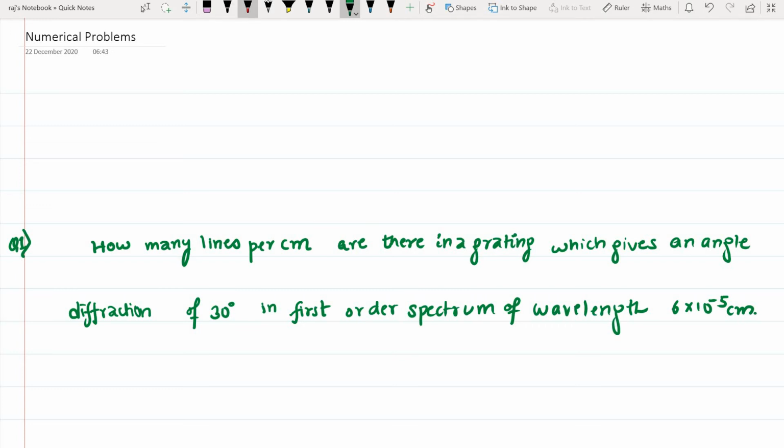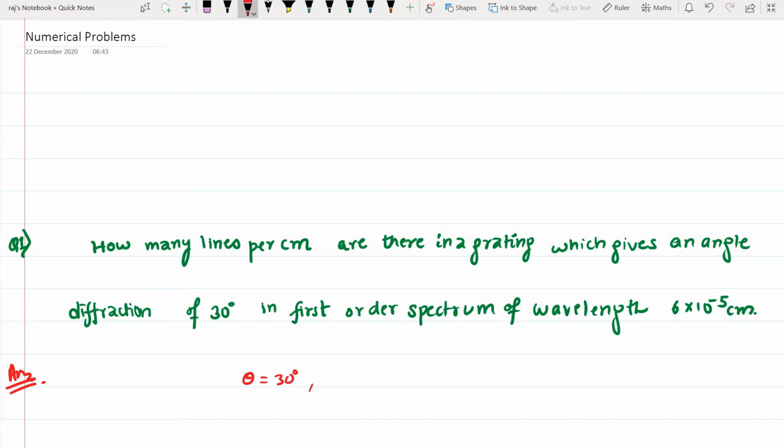Okay, so let's solve this question. Here theta has been given, and n has been given. Theta is given as 30 degrees.